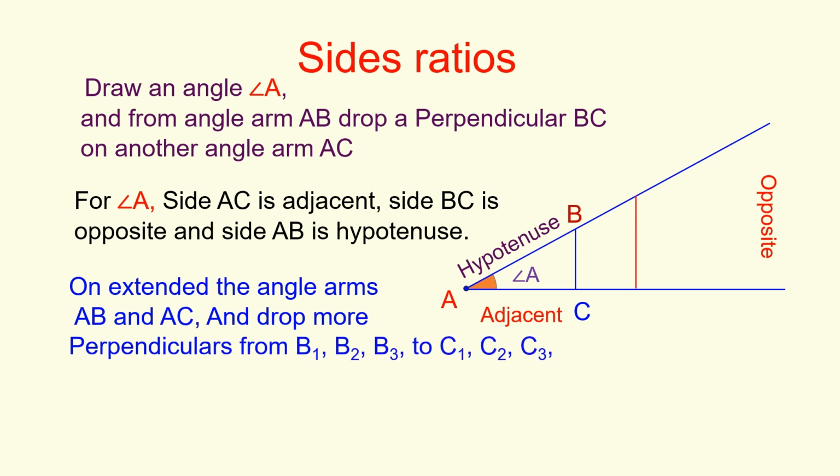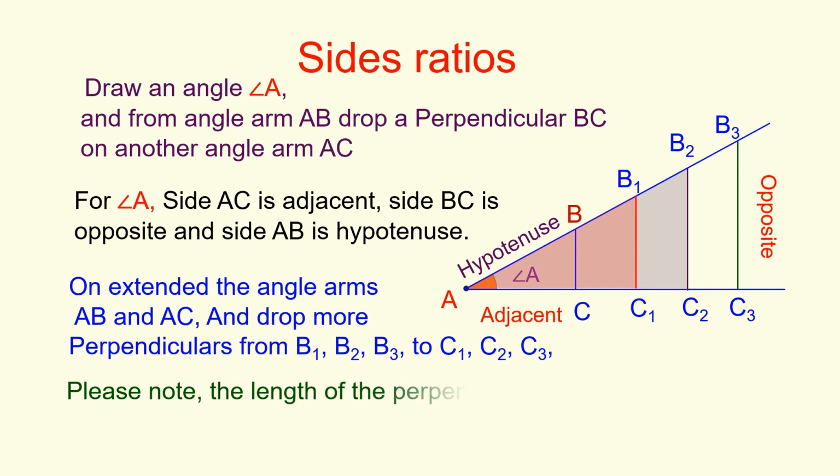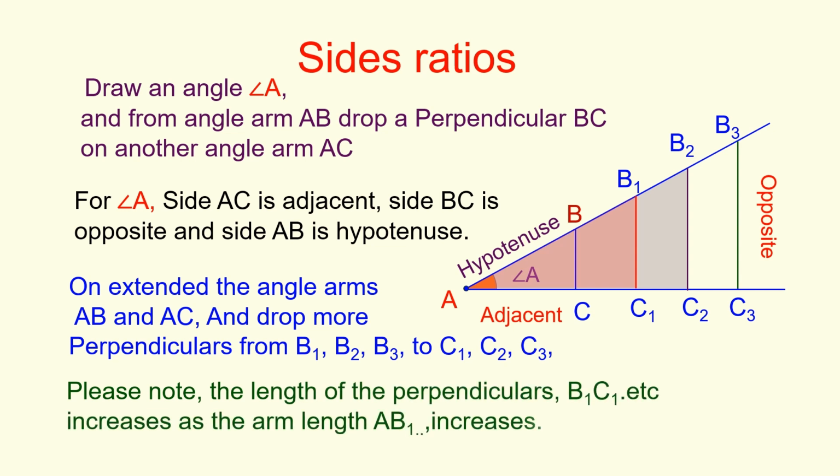On extending the angle arms AB and AC, drop more perpendiculars from B1, B2, B3 to C1, C2, C3. Please note, the length of the perpendiculars B1C1, B2C2, etc. increases as the arm length AB1, AB2, etc. increases.